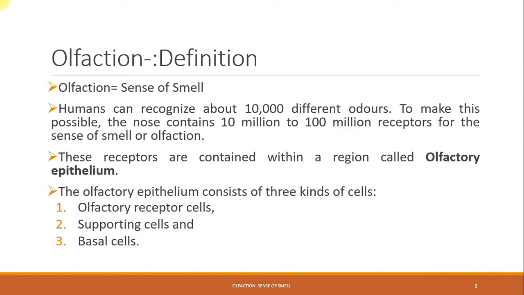The taste bud also has a gustatory receptor cell, supporting cell, and basal cell. The only thing that differs here is the olfactory receptor cell. Otherwise it is all the same, and function wise it is almost the same.